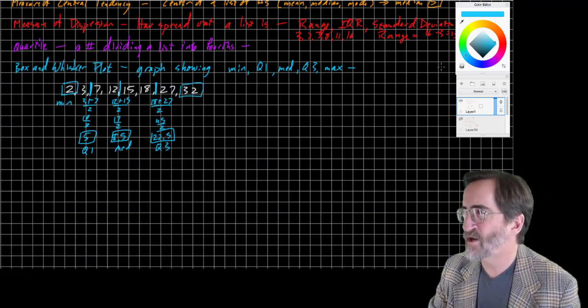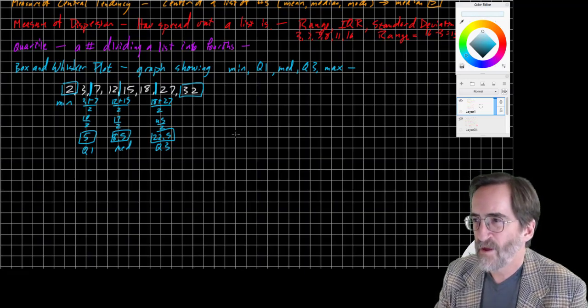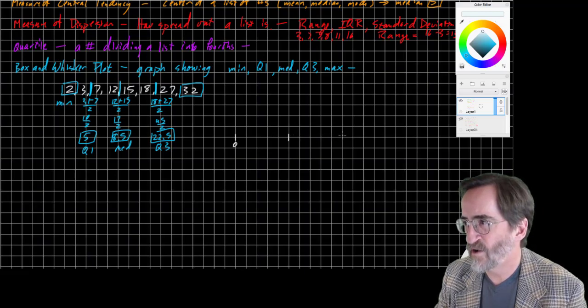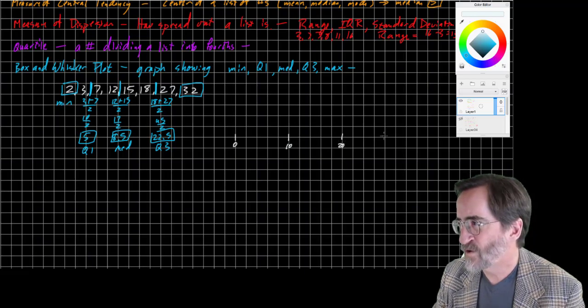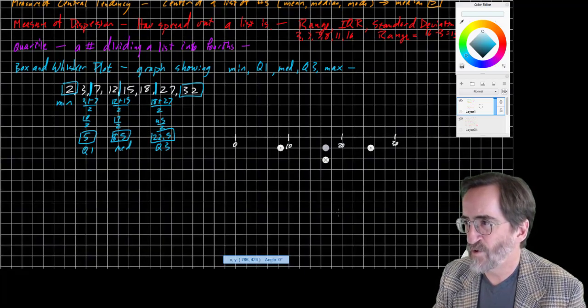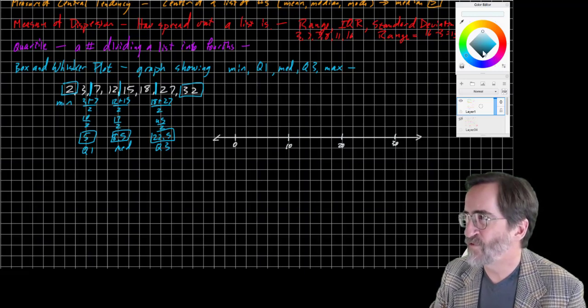So to make a box and whisker plot, we need a number line that extends over this. So let's start at 0 and 10, 20, and 30, with tick marks in between. Okay, make a number line based on that. You've got to figure out what you're going to count by, what your scale is going to be. And then you put your 5 numbers above the graph.